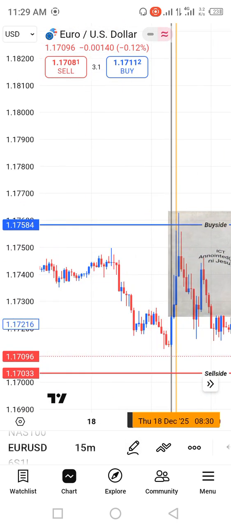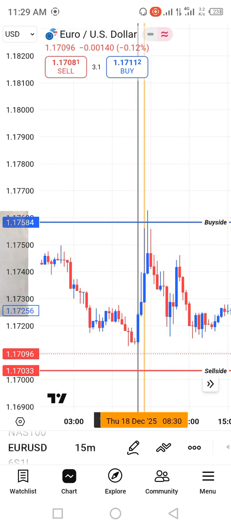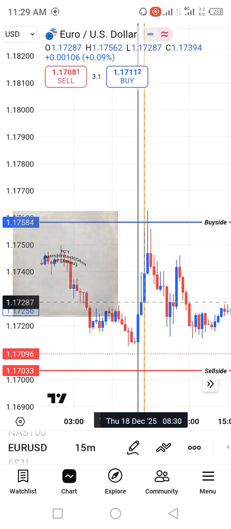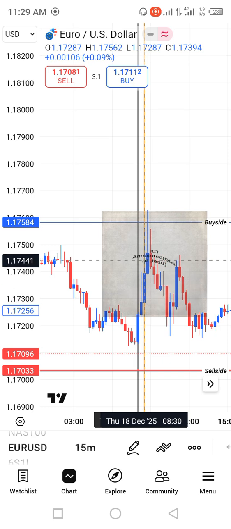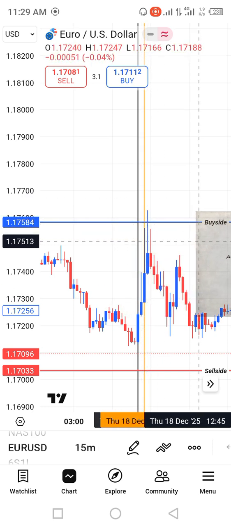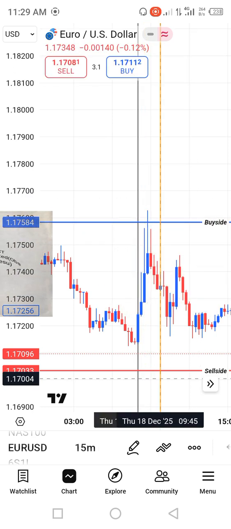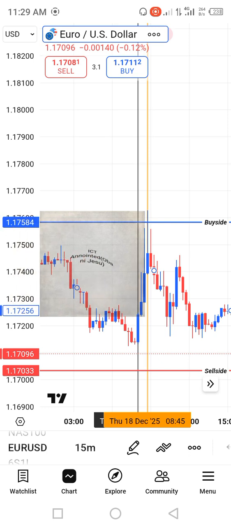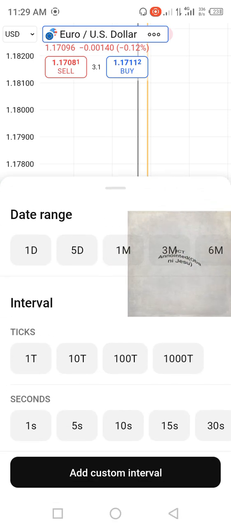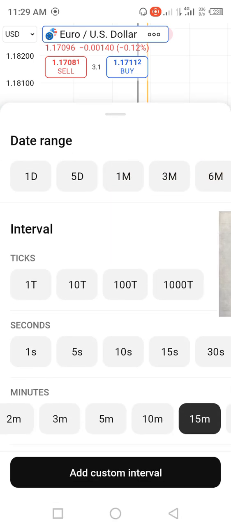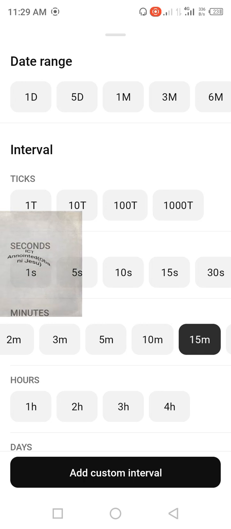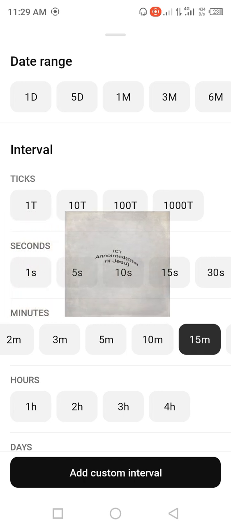Okay, so now CPI happened here, 8:30 a.m. New York, and around the buy side. Now let's check this very leg around the buy side to see where we could have entered. Remember, on the DXY, we already have a change of state of delivery to the upside.